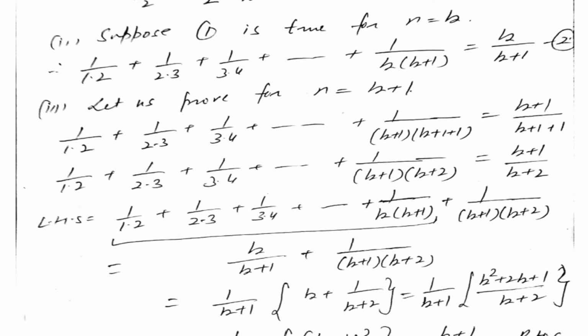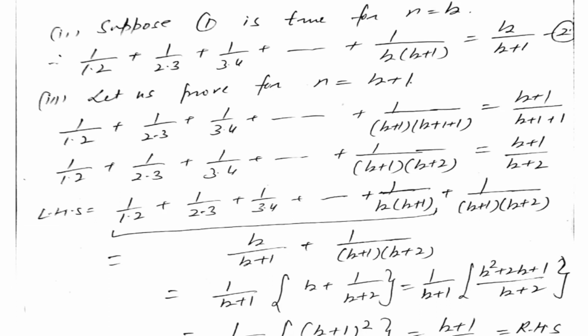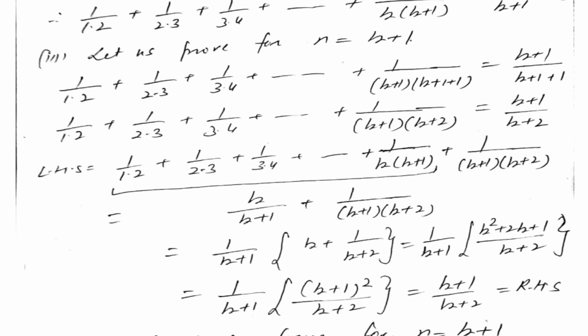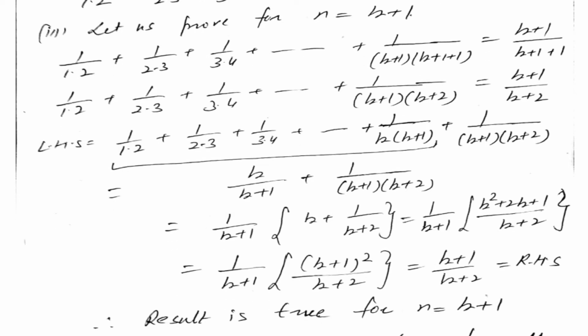So 1 upon k plus 1 into k plus 1 whole square upon k plus 2. Now simplifying these two terms, we have k plus 1 upon k plus 2. That is our right hand side that we had to prove. It means we have proved that the result is true for n equal to k plus 1. So therefore, lastly we write, by PMI, Pn is true for all n.